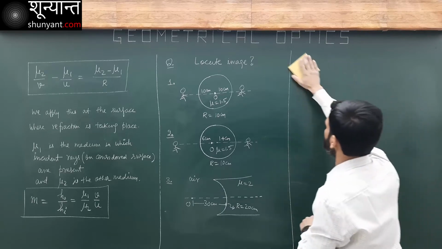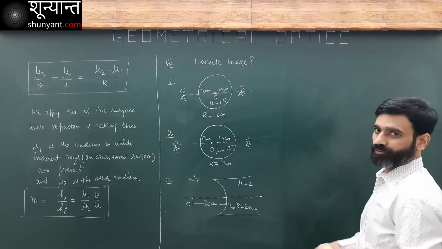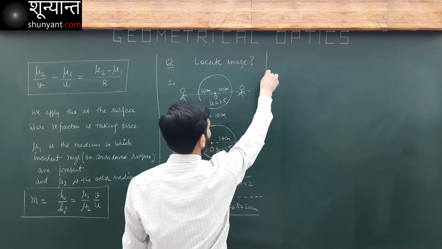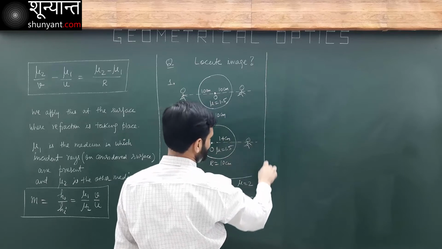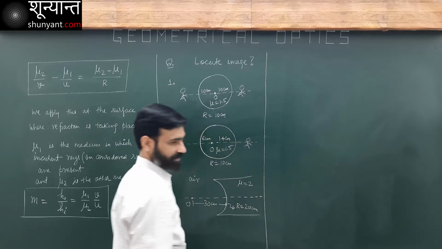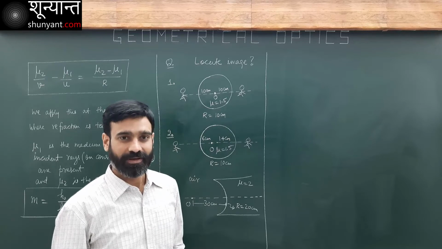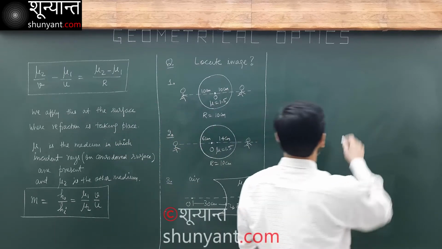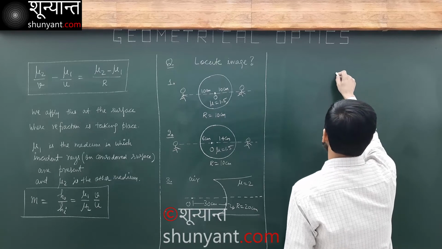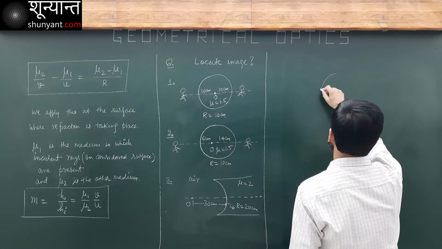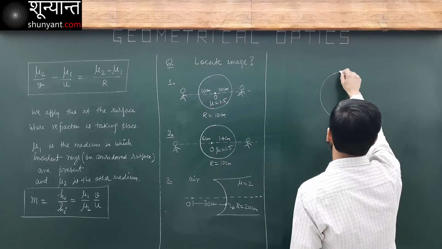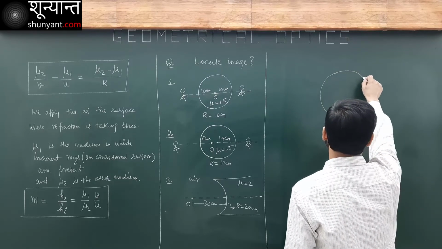There is absolutely no way to figure out whether you are looking at an image or an object. Think about this. Can you really figure out whether you are looking at an image or the actual object?